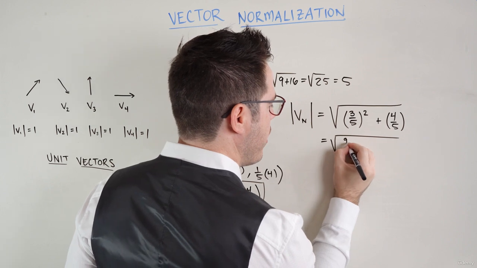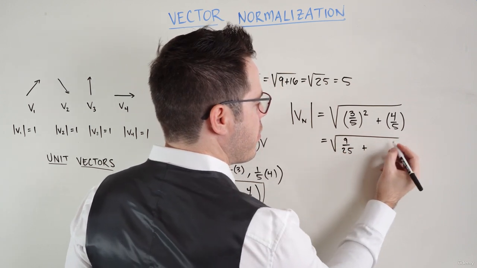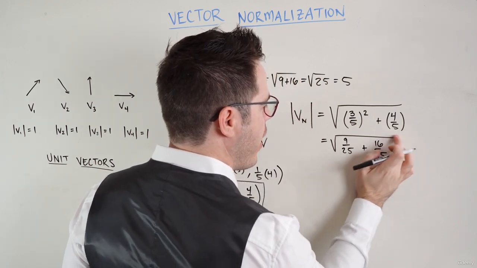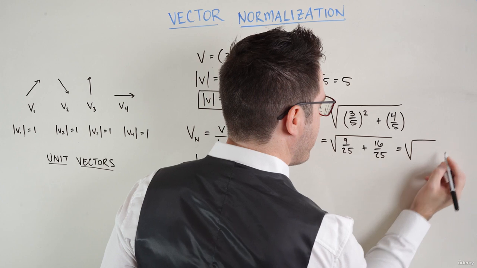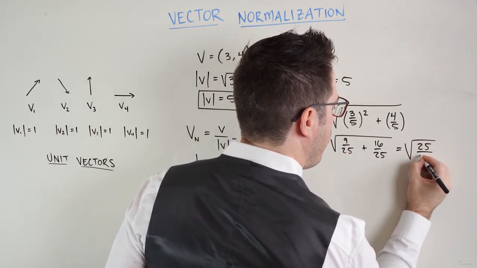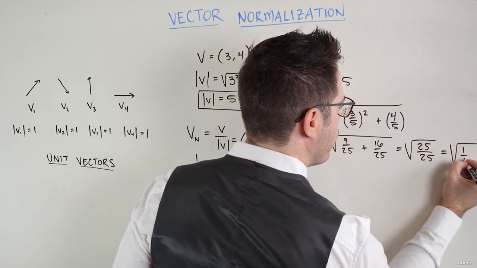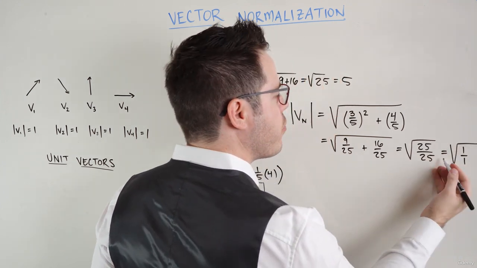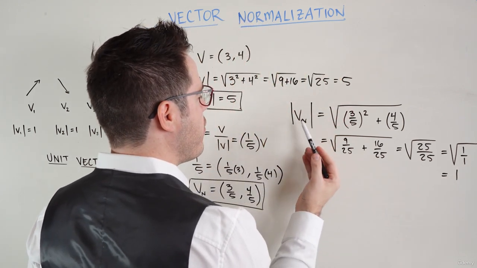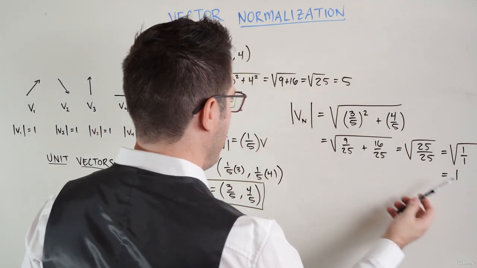So 3 squared is 9, 5 squared is 25, and 4/5 squared is 16 over 25. And we can add these two fractions together. The result of that addition is 9 plus 16, which is 25, all over 25. And 25 over 25 is 1 over 1, which is 1, and the square root of 1 is just 1. So we have proven that the vector 3/5, 4/5 has a length of 1.